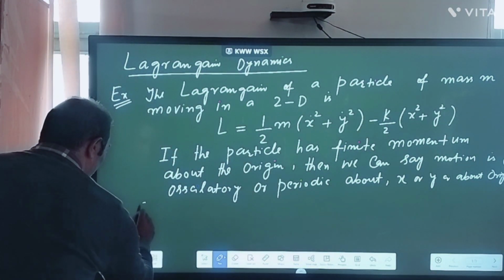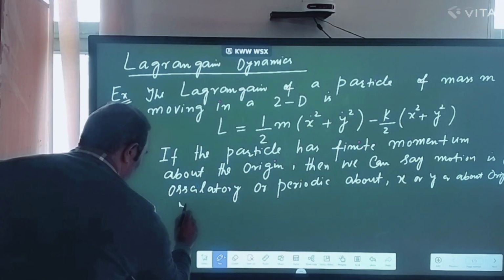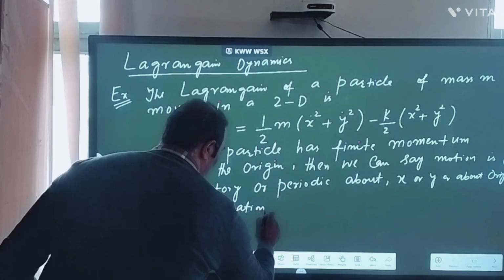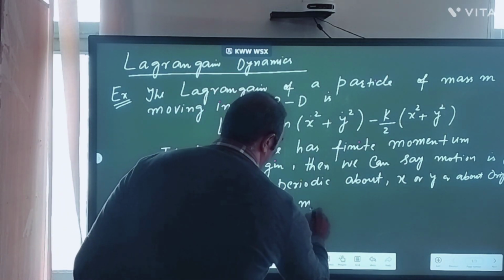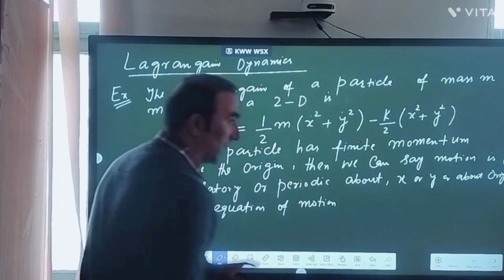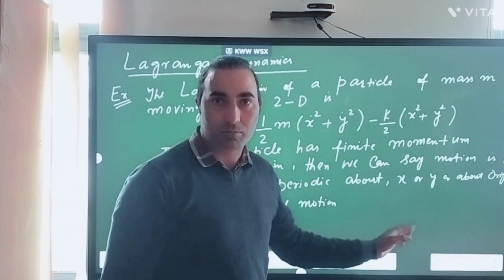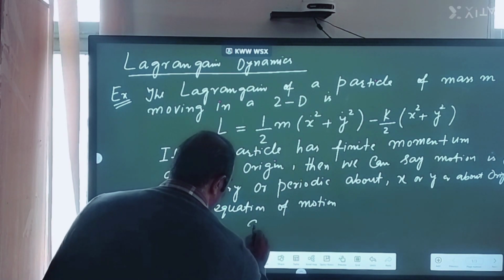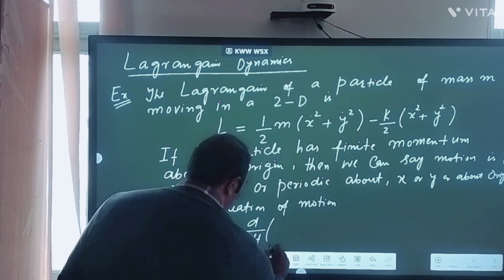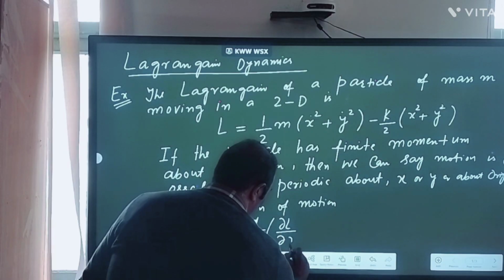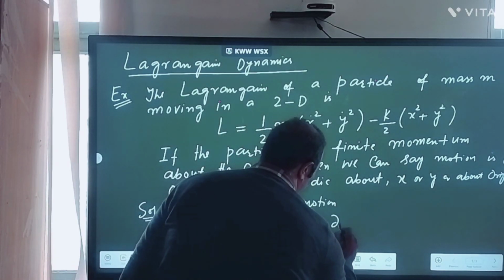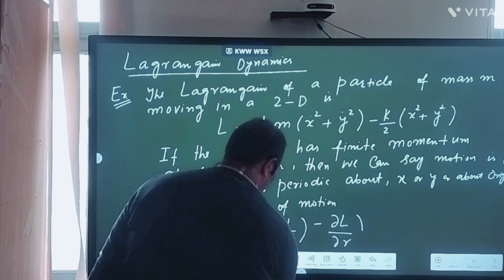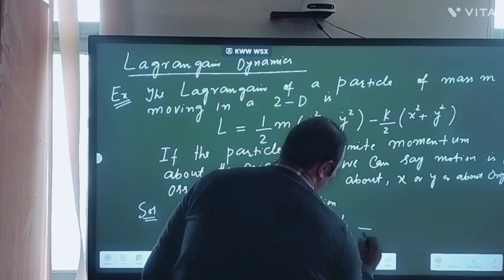So we can write the equation of motion: d by dt of partial L by partial r dot minus partial L by partial r will be equal to 0, right?